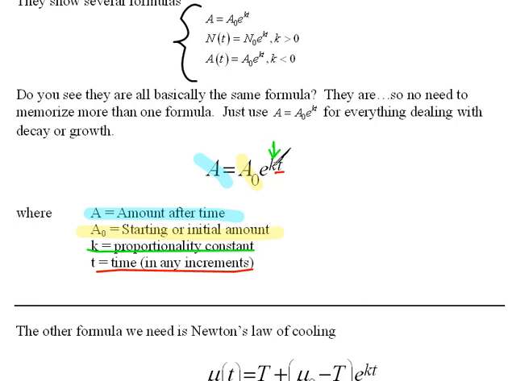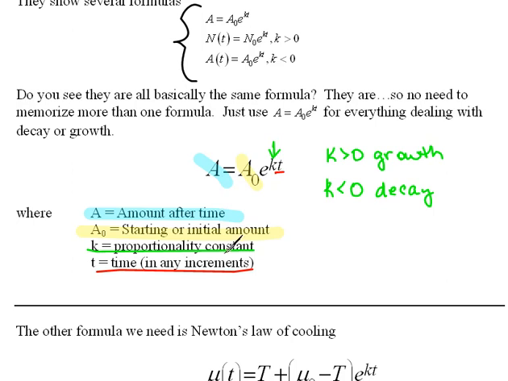It just depends on whether k is positive or negative. So you can make a little note here: if k is positive, or greater than 0, then we call this a growth function or formula. If k is less than 0, then we call this a decay function or formula because our exponential is going to be going down.